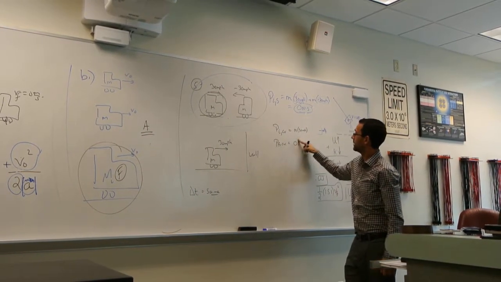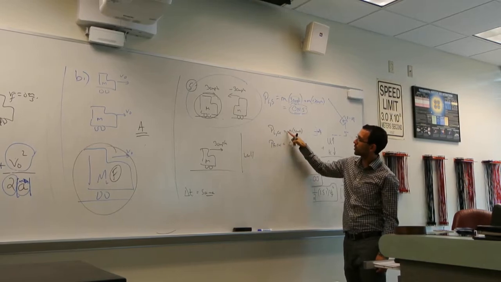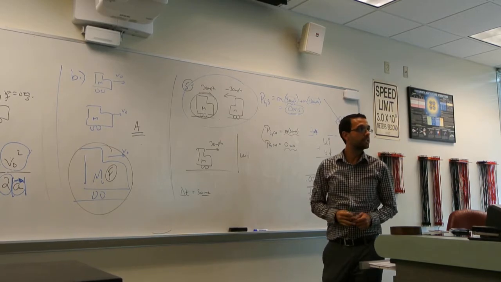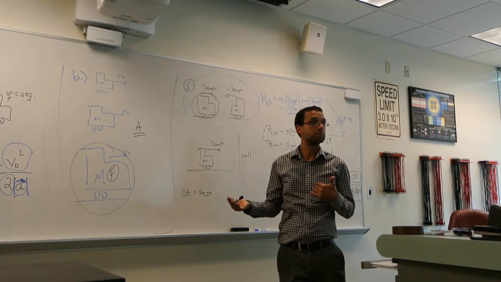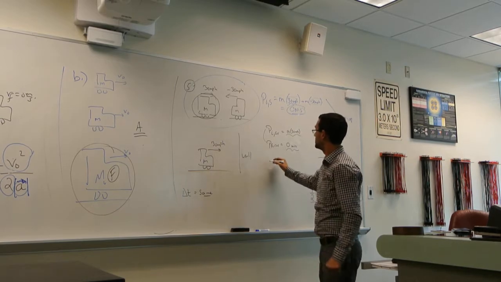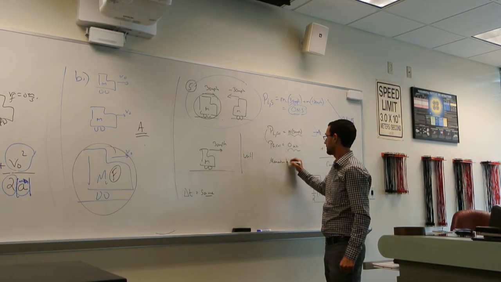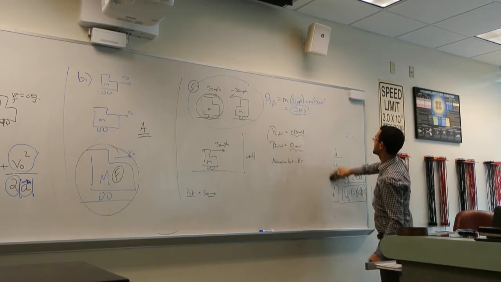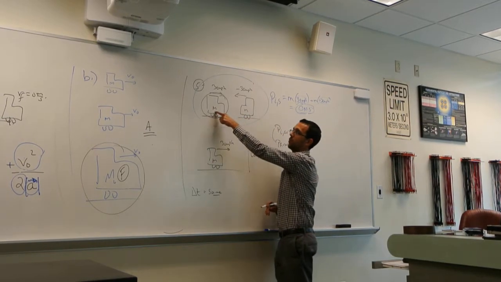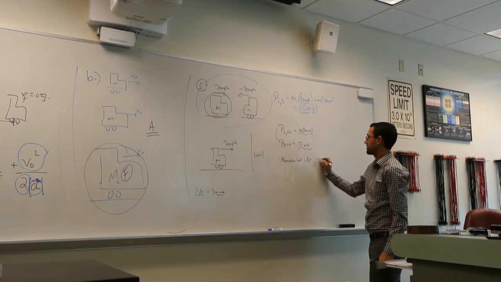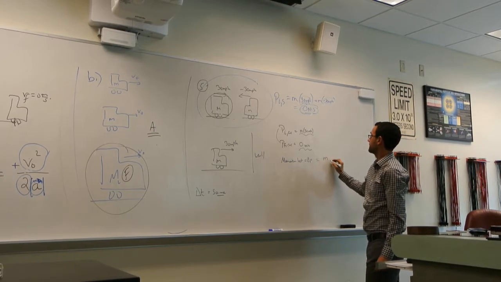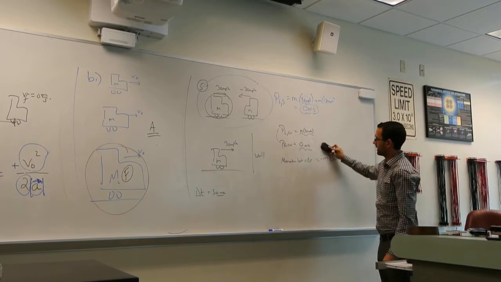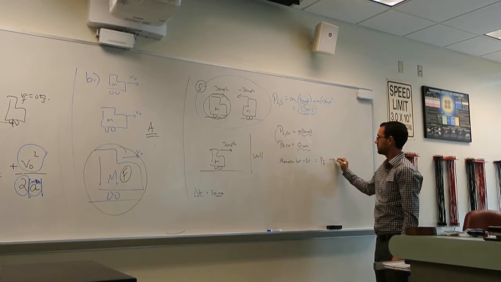So would you agree with me that I have lost some momentum? How much momentum did I lose? mv. Does everybody agree? m times 30. So the momentum lost, which I'll call delta p, that's the impulse, by the way. That is the amount of momentum that this car lost when it collided with this car. That is going to be equal to negative mass times 30 miles per hour. Why negative? Because I could do P final minus P initial.